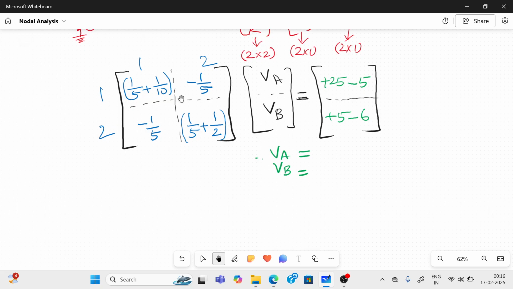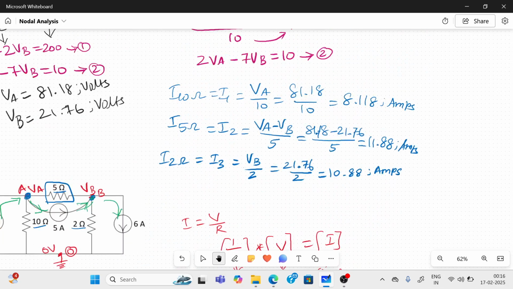The values are the same: VA is 81.18 volts, and then VB is 21.76 volts. Once you get VA and VB, the remaining will be as per this procedure.